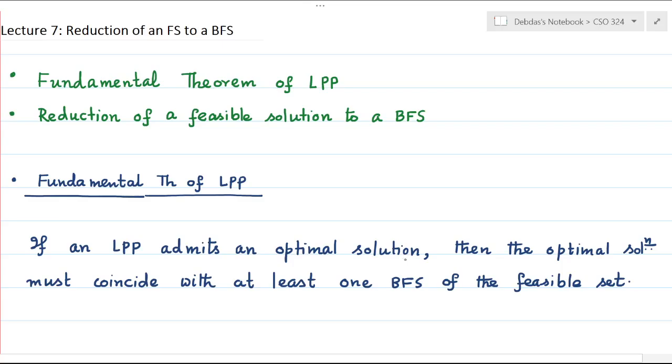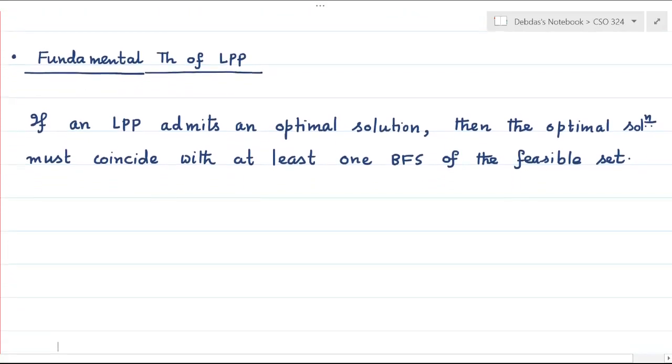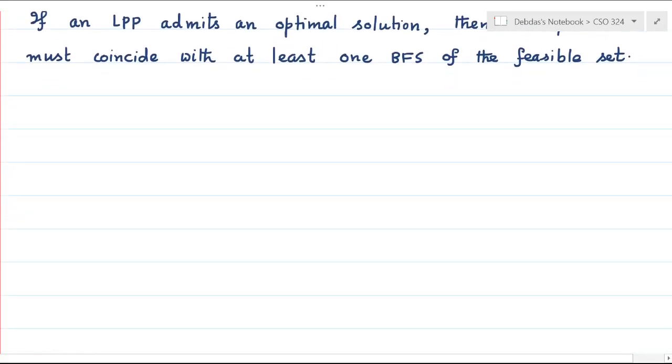The assurance is to be proved later in the following result, which is the reduction of a feasible solution to a basic feasible solution.